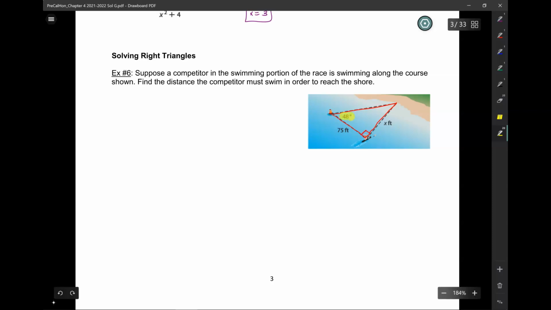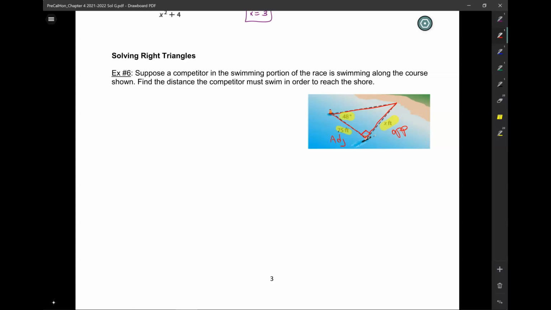Well, I'm given an angle, and I'm given two sides. So in reference to that angle, what is the 75-foot side? Is that adjacent, opposite, or hypotenuse? Adjacent. And this is opposite. So that tells me this is what ratio?